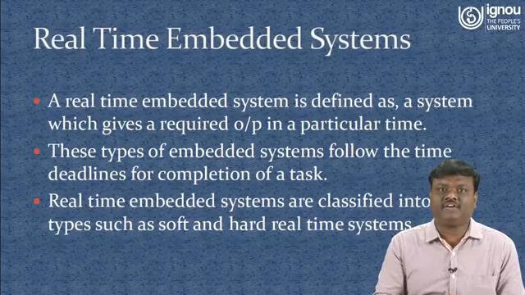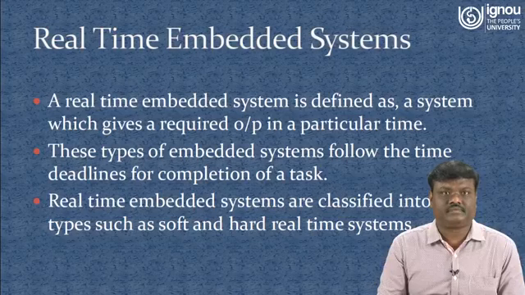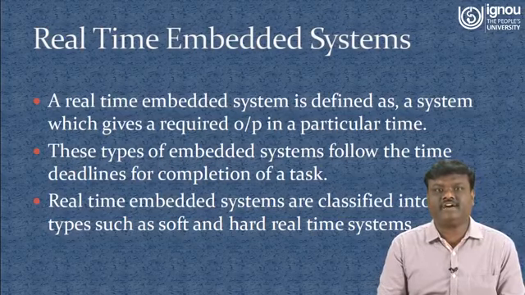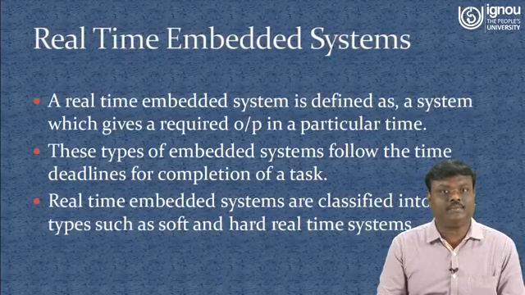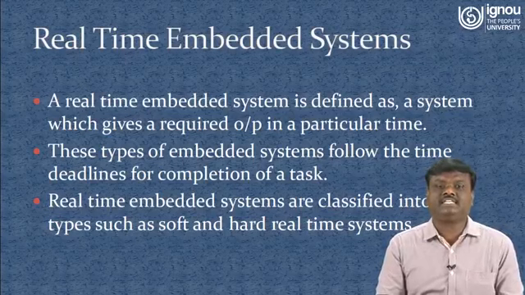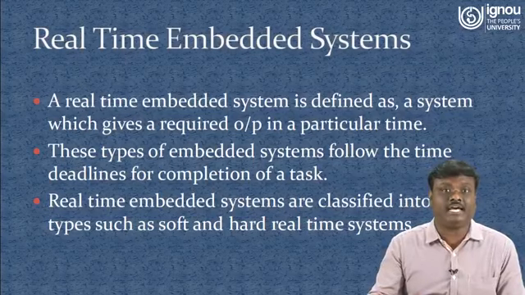The second kind of embedded system that we can talk about is the real-time embedded system. A real-time embedded system is defined as a system which can give a required output in a particular time. So this is a real-time response that we are talking about. These types of embedded systems follow time deadlines for completion of a task.